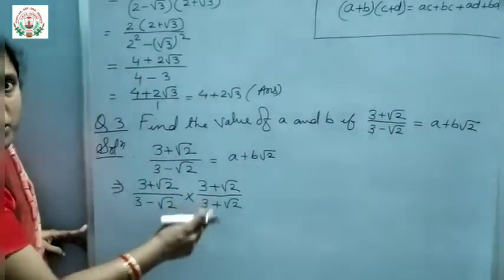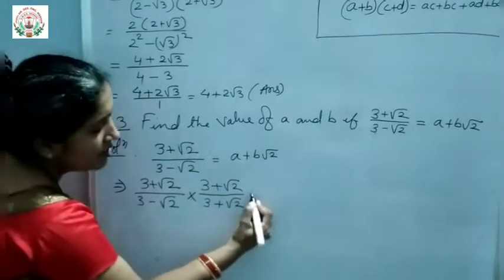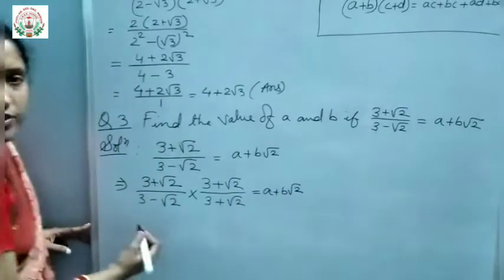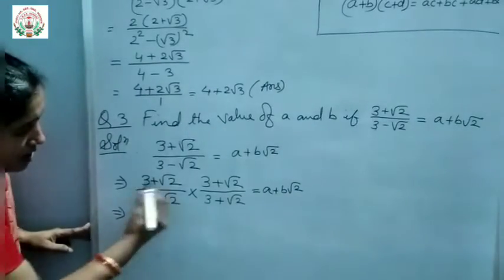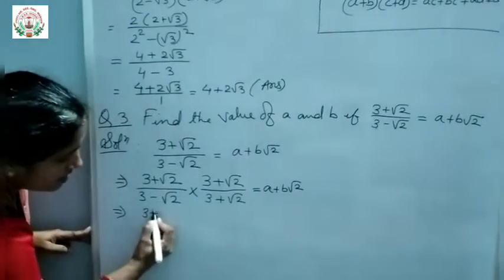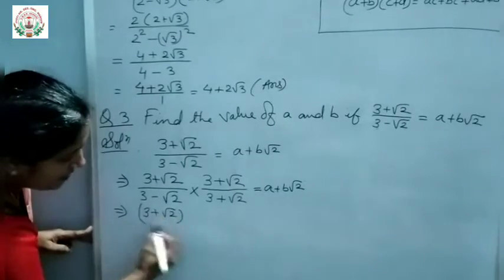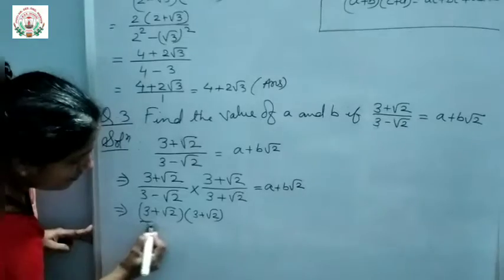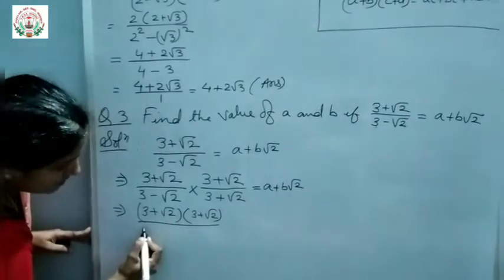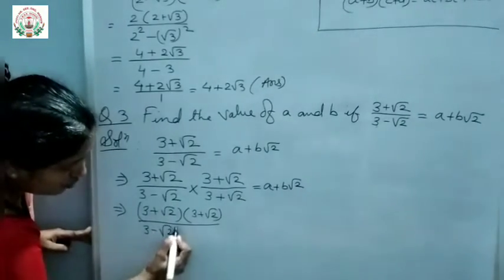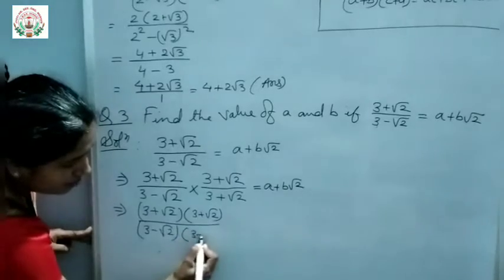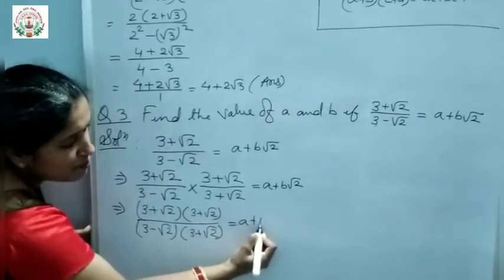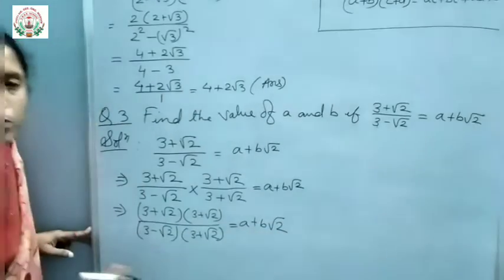Both numerator and denominator the same values, right, equals a plus b root 2. Here now the numerator is 3 plus root 2 into 3 plus root 2 upon 3 minus root 2 upon 3 plus root 2 equals a plus b root 2.